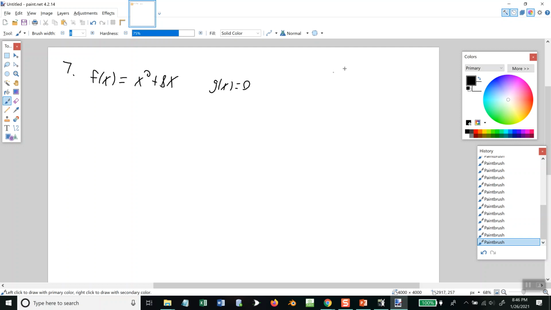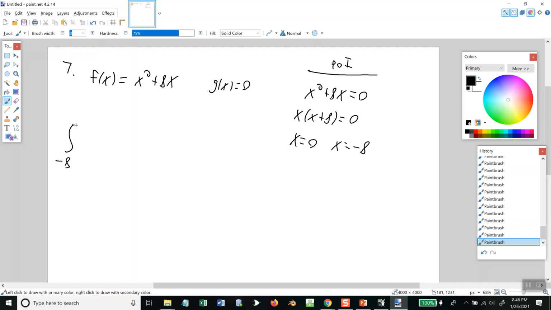Let's see, I need to find the points of intersection, because it doesn't give me those in this problem, does it? So I'll set x squared plus 8x equal to 0. Factor out an x, gives us x times x plus 8. So we have x is equal to 0, and x is equal to negative 8. So we'll go negative 8 to 0.